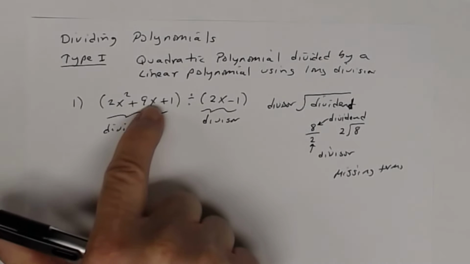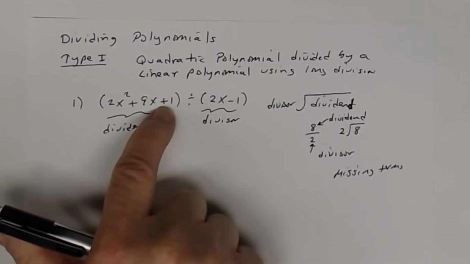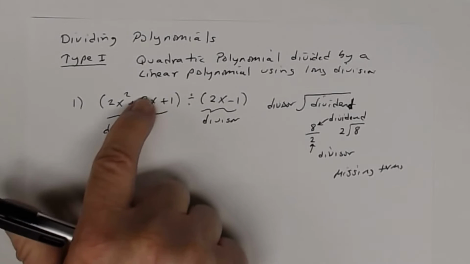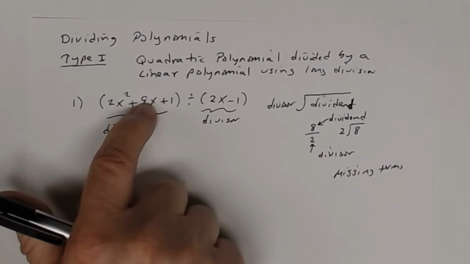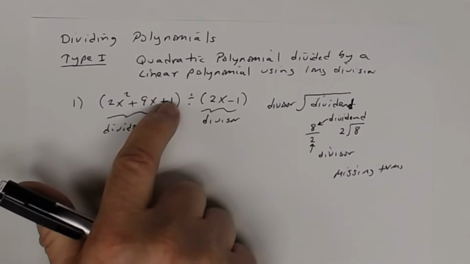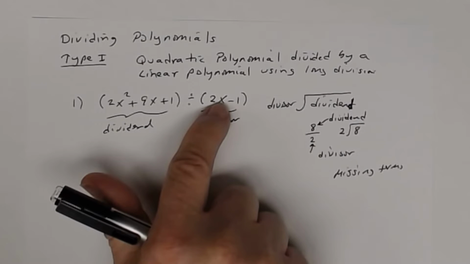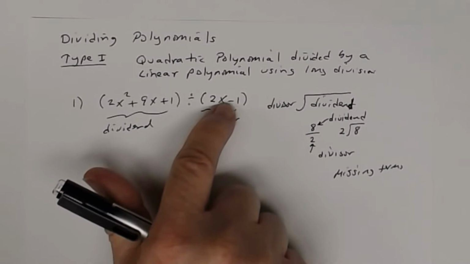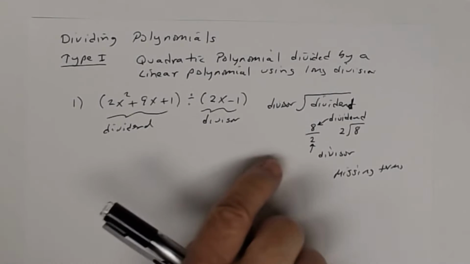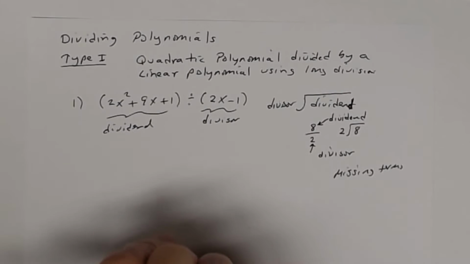If you look at this quadratic polynomial, there are 3 terms: your x squared term, your x to the first term, and your constant. In the linear polynomial, you have your binomial, x to the first, and your constant. So for us, there are not going to be any missing terms.